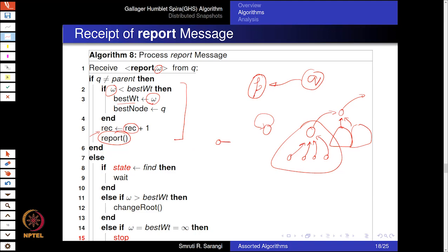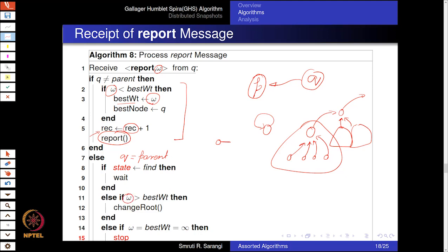Otherwise, if Q is equal to parent, in the sense that I am receiving a message from my parent, which means my parent is sending me the report message, it's kind of strange, but we'll see when that happens. So in this case, Q is equal to parent. If my state is find, I'm still finding, then I wait.